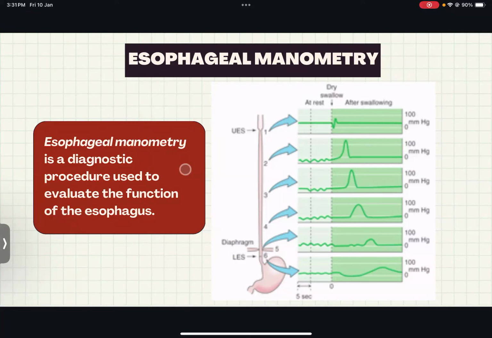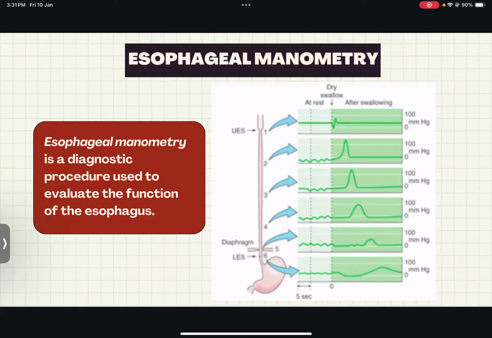Like I said, the doctor inserts a very narrow tube from the nasal cavity of the patient down to their esophagus, and this tube can measure the pressure of the esophagus.